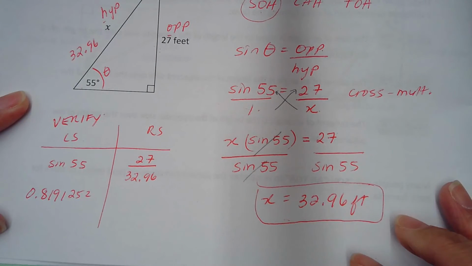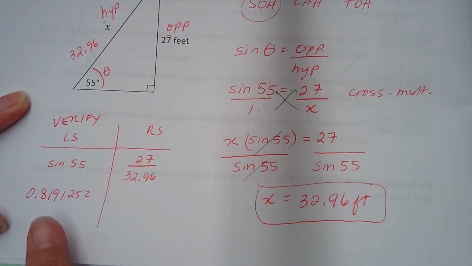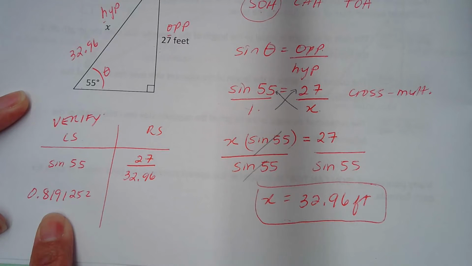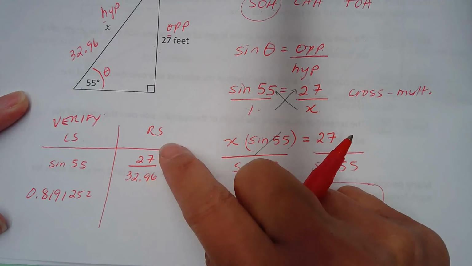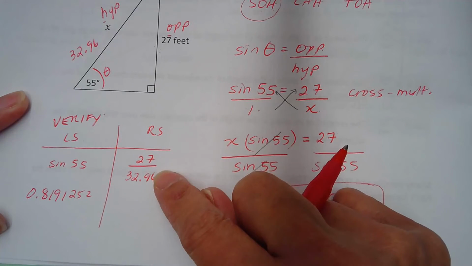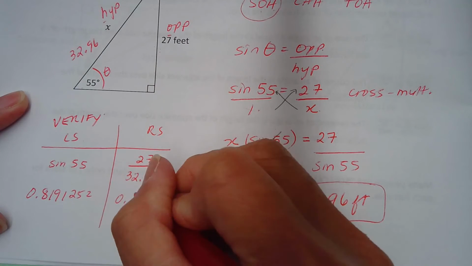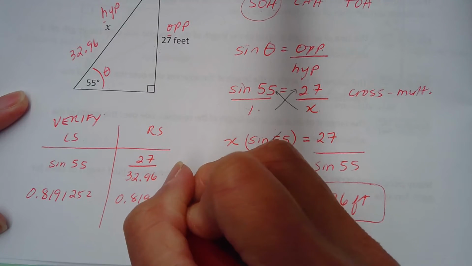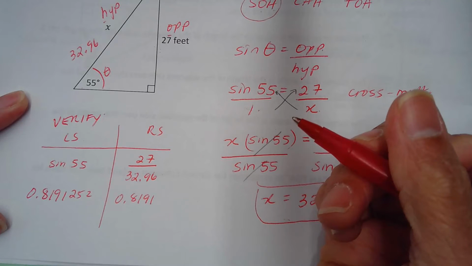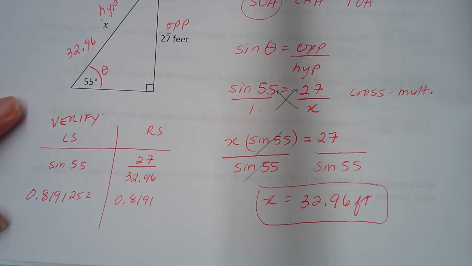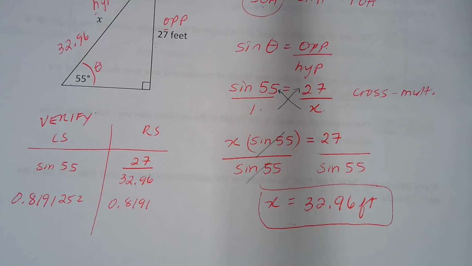0.81915, okay, good. Did everybody get this? Yes? Okay. Now try this one: 27 divided by 32.96.